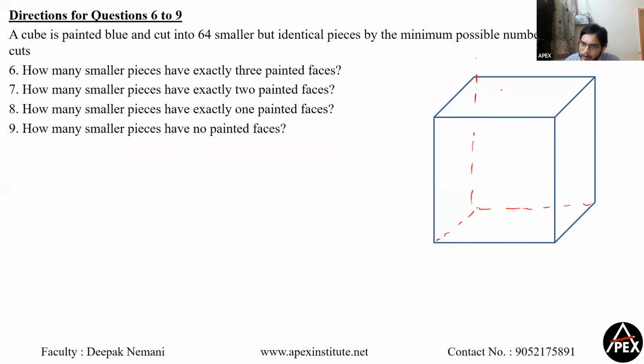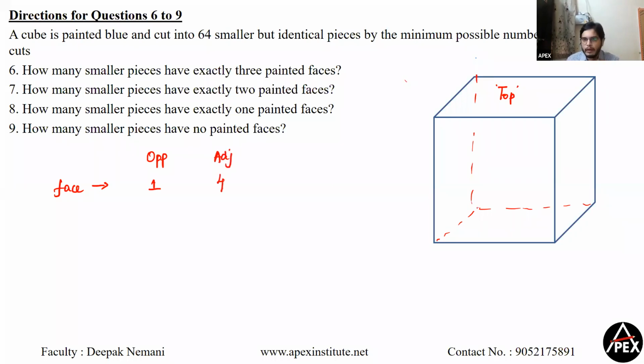Now if I consider this top face, how many faces are opposite to the top face? One, isn't it? So for any face of a cube, you will have one opposite face. And how many adjacent faces do we have for a face? 4 adjacent faces. Perfect.